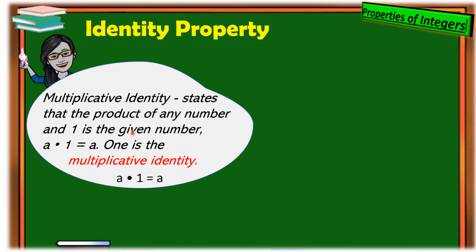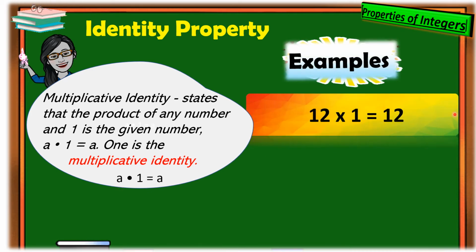So, kanina, any number plus 0, ano yan? Yun yung number. Sa addition yun, additive identity. O, dito naman daw, A times 1 is equal to A. So, therefore, in multiplication, 1 is the multiplicative identity. Okay? So, 1 tayo ngayon. So, any number daw na i-multiply mo sa 1, ang sagot ay yung number.